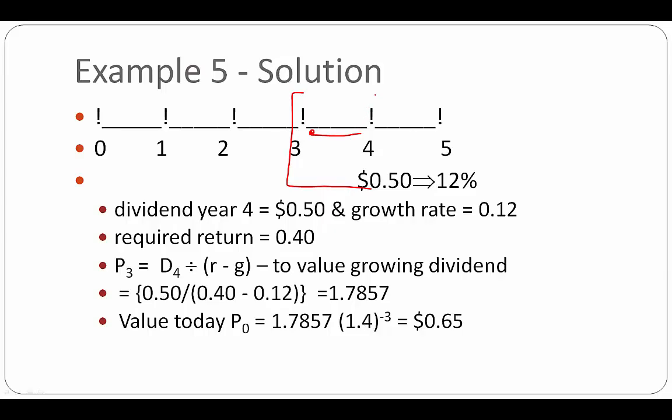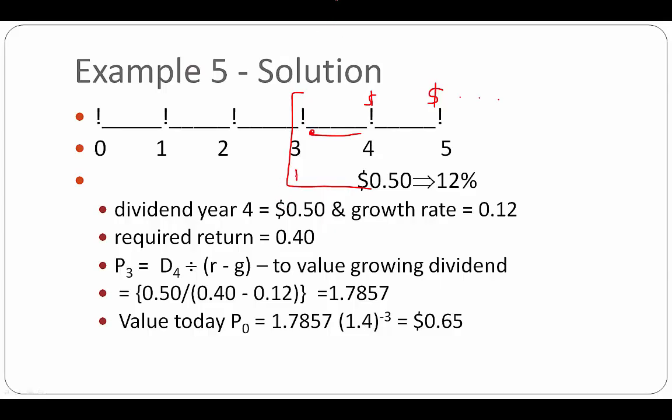The first cash flow is at the end of year 4, the next one's at the end of year 5, et cetera. So this is a normal annuity with growth. Looking at this from period 3, the first payment is at the end of period 4, in other words, 1 period away. The next one's 2 periods away, and there's a constant growth rate.